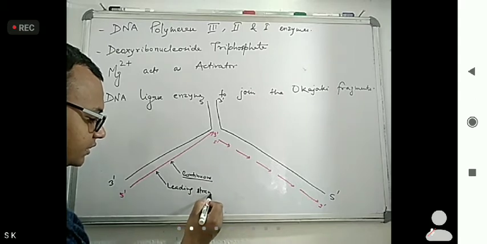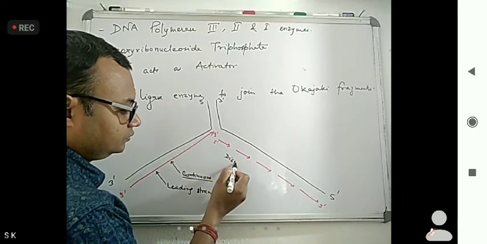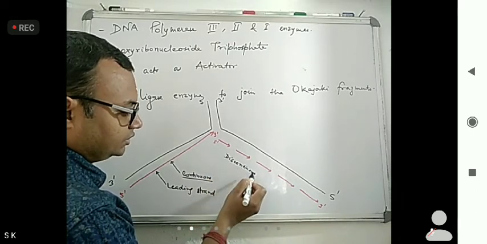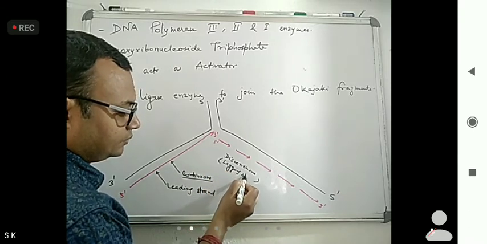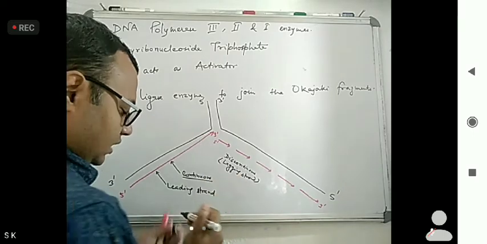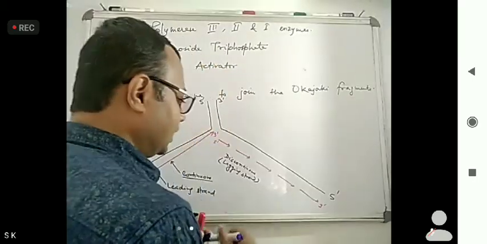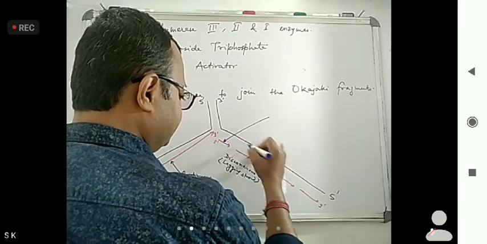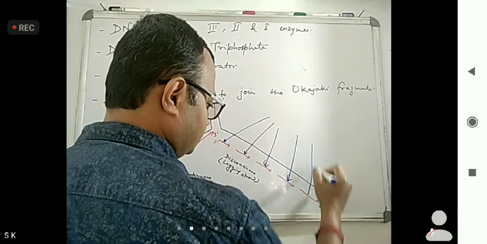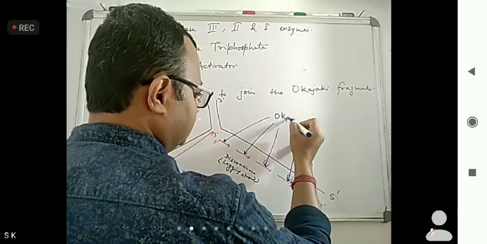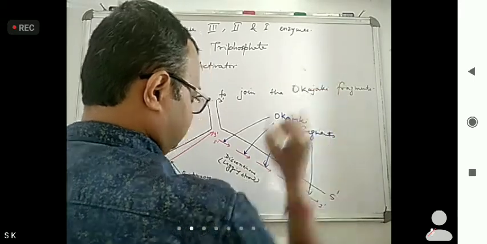Here it is forming discontinuously, and it is known as the lagging strand. This discontinuous strand forms Okazaki fragments. Okay.